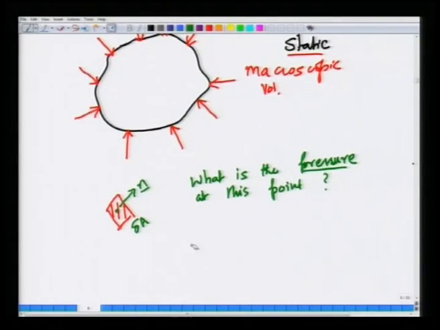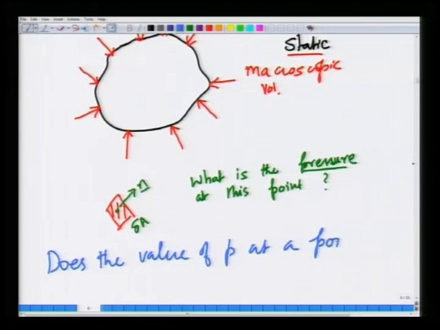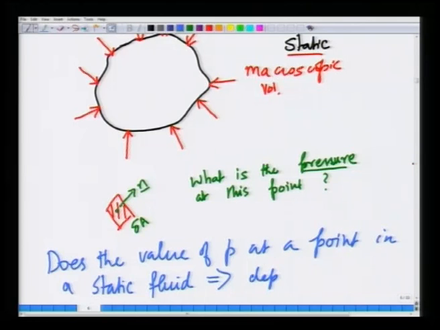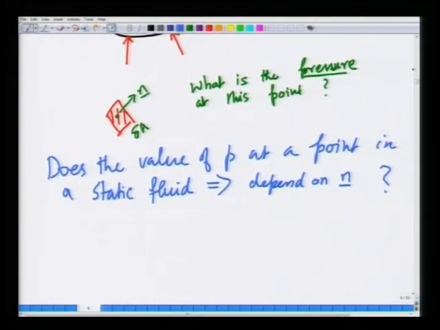If you do this experiment, does the value of pressure at a point in a static fluid depend on n, the orientation of the surface? Essentially, you are considering a point, but about a point you can construct an infinitesimal area.